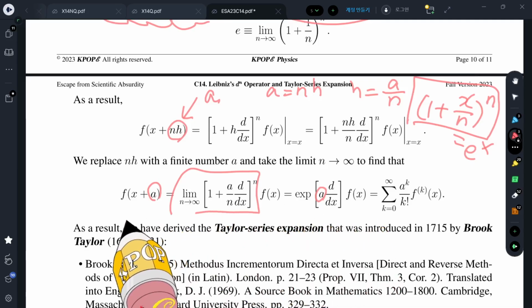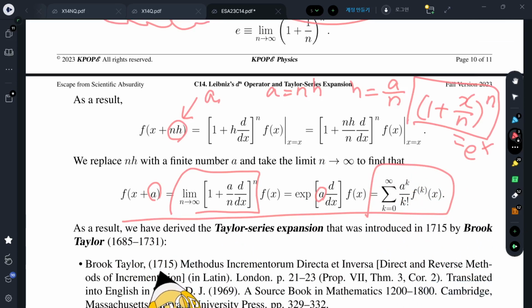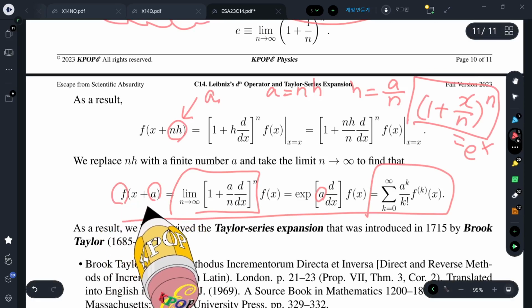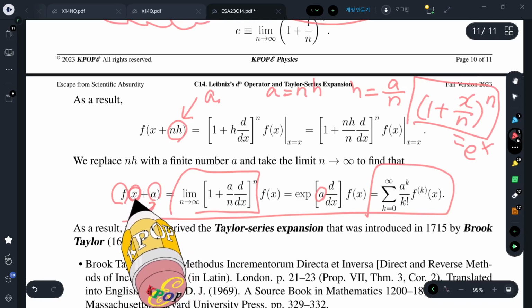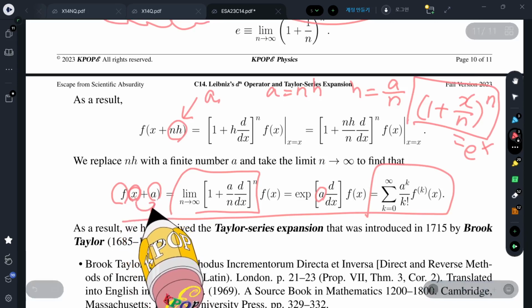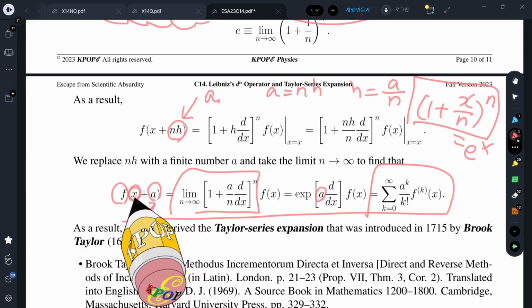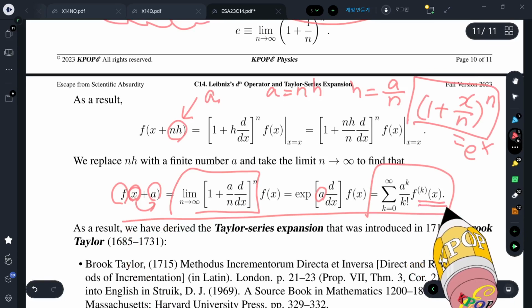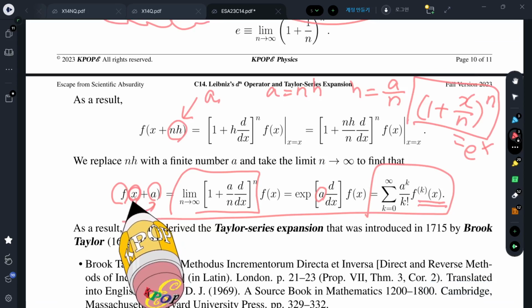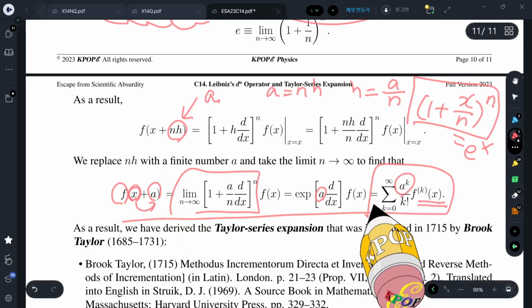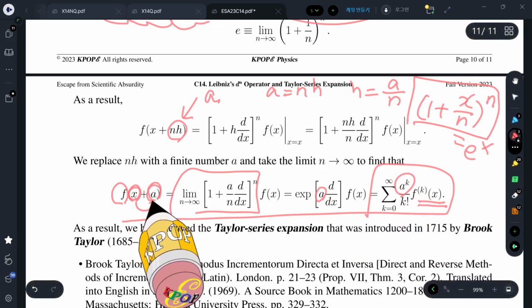So, what I directly obtain in the limit as n goes to infinity is that a function evaluated shifted from a certain value x by a finite amount can always be expressed as a linear combination of all of the derivatives of that function evaluated at that point, and it is expressed as a power series of that finite value.